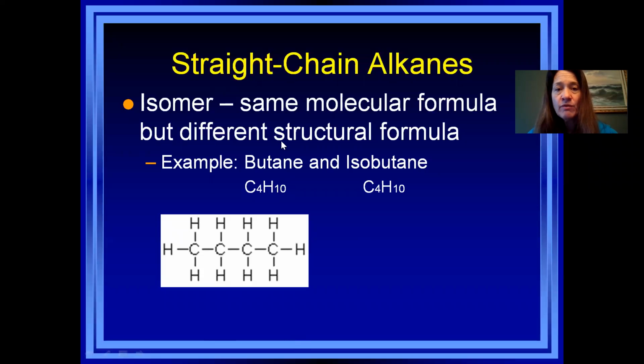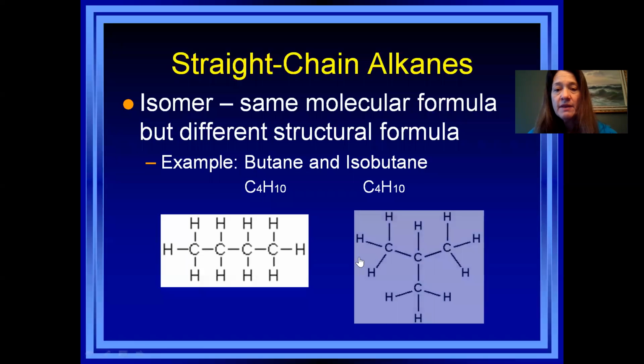An isomer, remember the definition, is the same molecular formula, so same molecular or chemical formula we call it, but the structure is different. And remember what is different about the structure for isomers? They're branched, okay? Here we only branch in the middle. Remember, we never branch on the end. And it does have the same chemical or molecular formula.